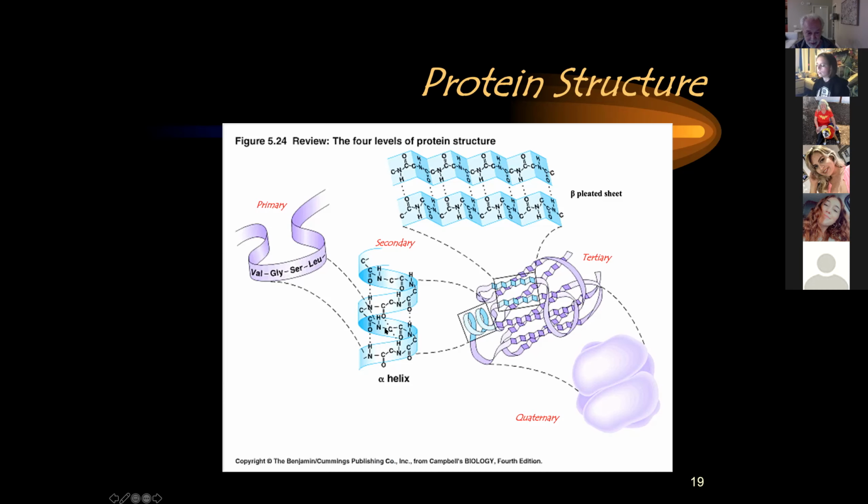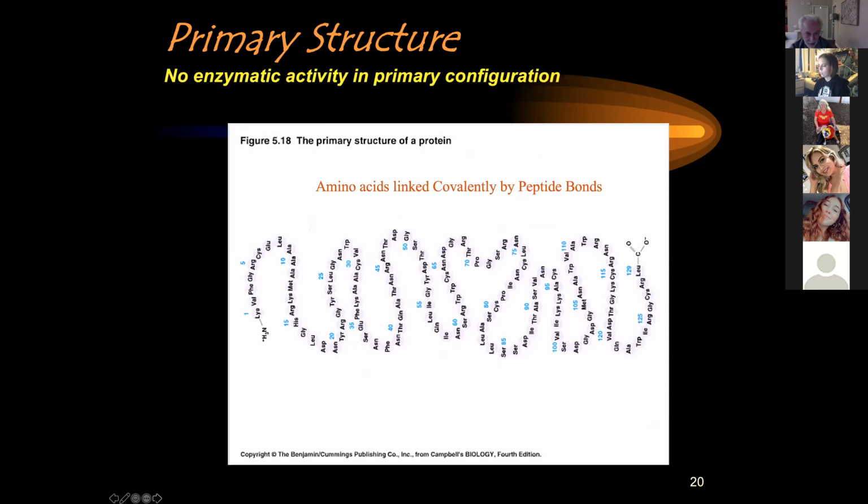One type of bonding causes secondary structure, which can be either an alpha helix or a beta pleated sheet. And these are always formed with hydrogen bonds. You can see in every case, a hydrogen is bonded to an oxygen. Then there's a tertiary structure, which takes the secondary and folds it even further. And then there's, for some proteins, a quaternary structure.